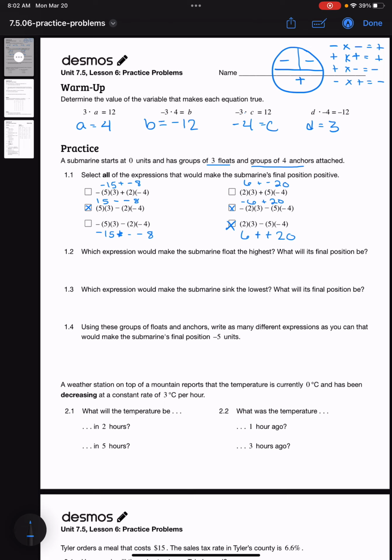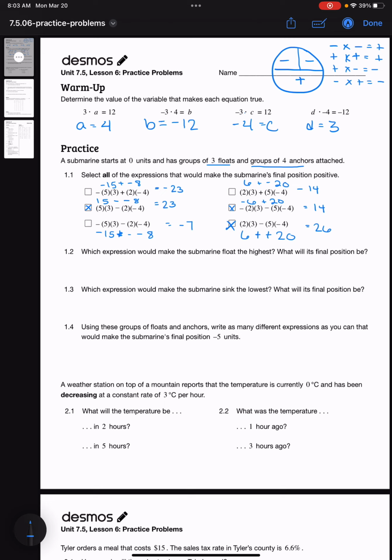Let's look at the next problem. It says, which expression would make the submarine float highest? What would its final position be? If we solve these, this would be negative 23, negative 14, this would be 23, this would be 14, this would be negative 7, and this one would be 26.